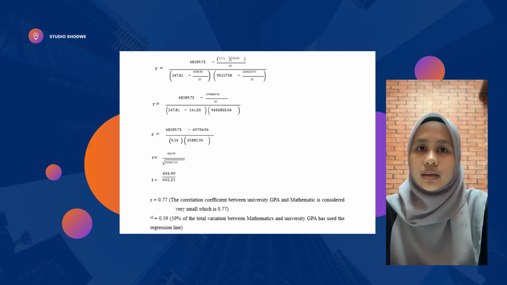This indicates a moderate positive correlation between the two variables. The regression model provides a useful tool for predicting university GPA based on Math SAT score, capturing a significant portion of the variation in GPA.